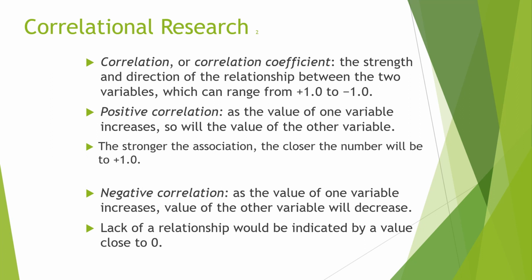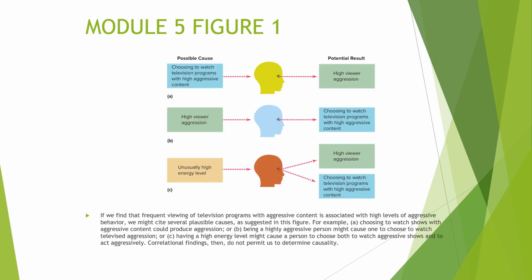Okay, the next slide that I'm going to show you is taken right from your textbook. This slide is figure 1, and it is on page 38 in your textbook. It's looking to see if there's any correlation between watching aggressive television programs and high levels of aggressive behavior.